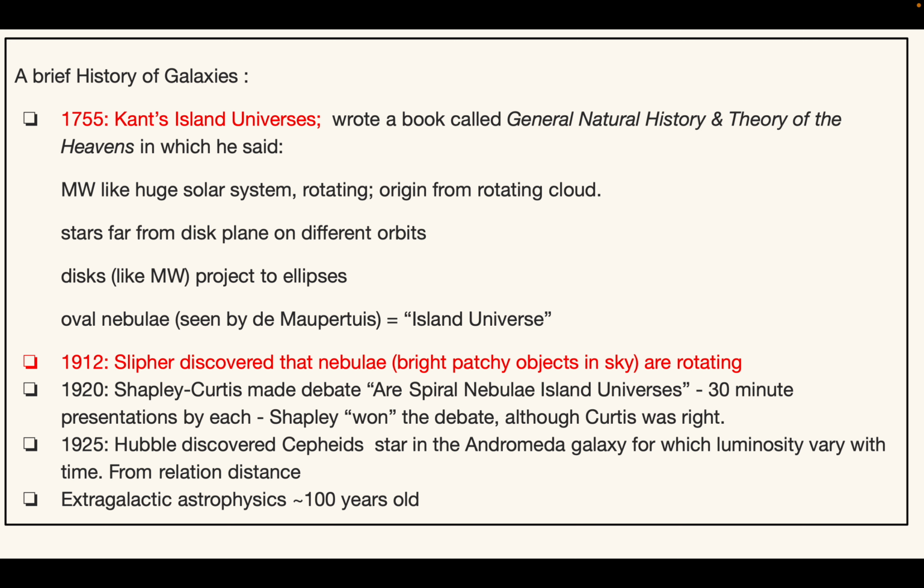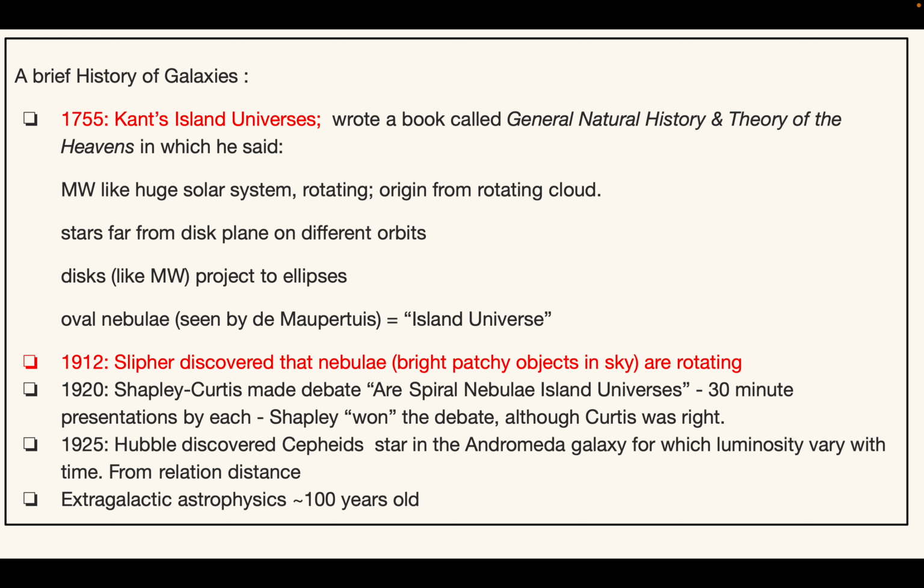From that luminosity, using the period-luminosity relationship, he measured the distance to the Cepheid star in the Andromeda galaxy, and he found that this distance is much greater than the size of our Milky Way. So this established that the Cepheid stars, and the Andromeda galaxy that hosts them, are outside our Milky Way.